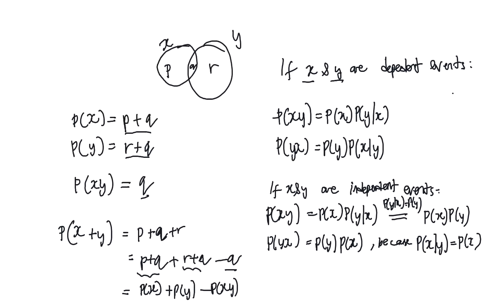So depending on whether they are dependent or independent, that will later determine your probability of x or y, which is P(x) plus P(y).